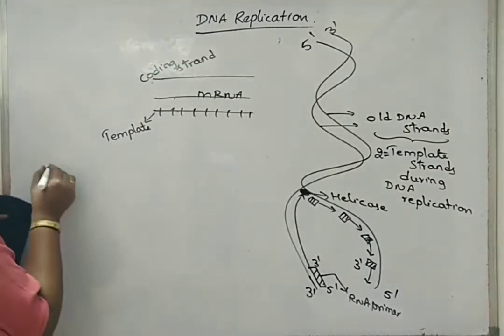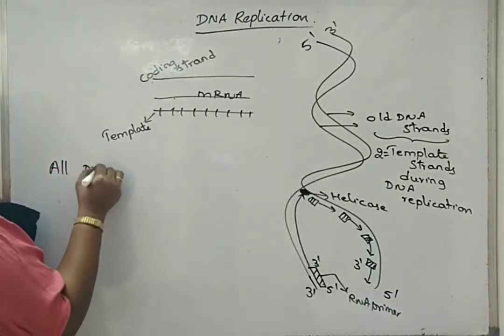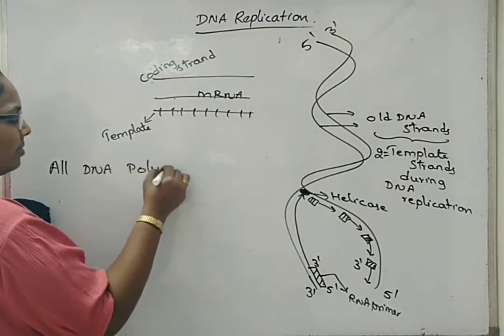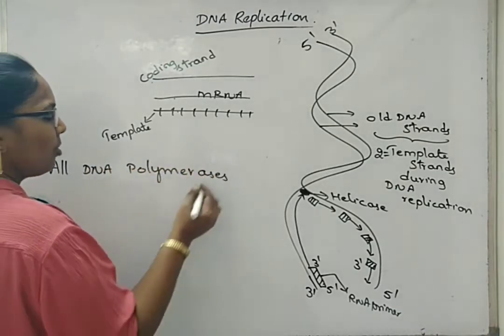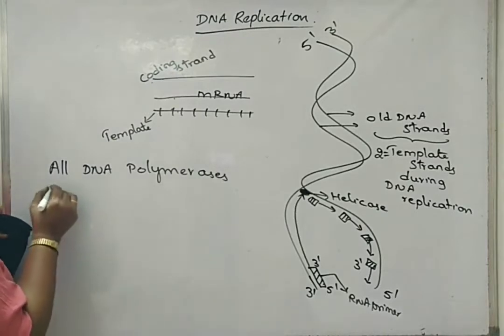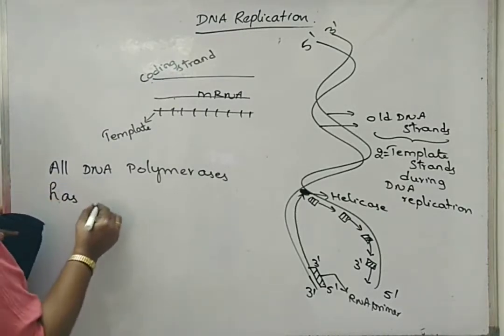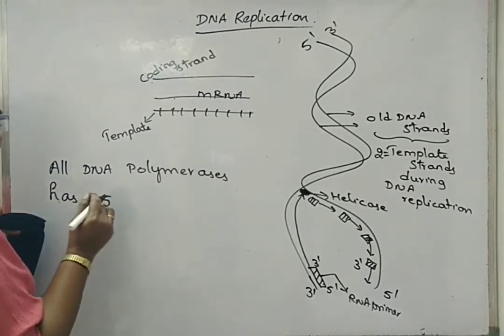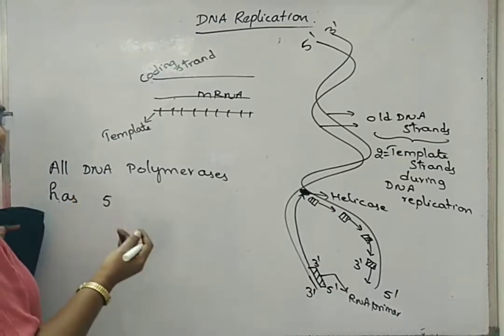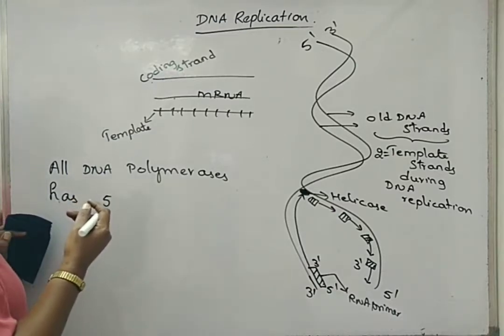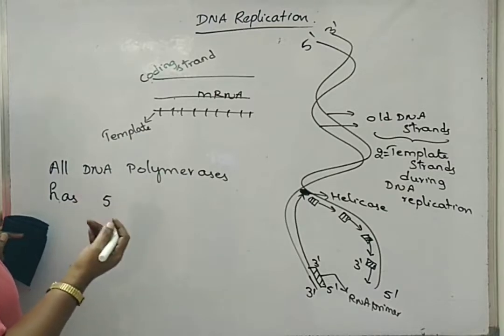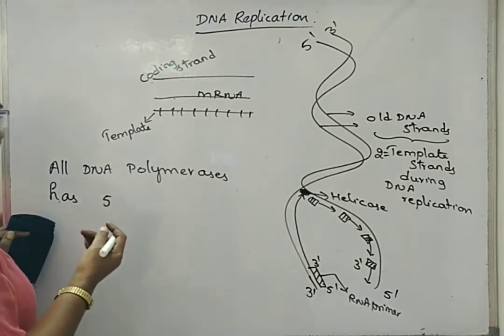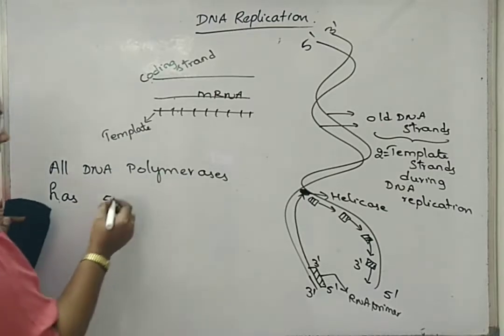All the DNA polymerases commonly do a function, that is, they behave with polymerization activity from 5' to 3' direction, and they exhibit exonuclease activity from 3' to 5' direction.